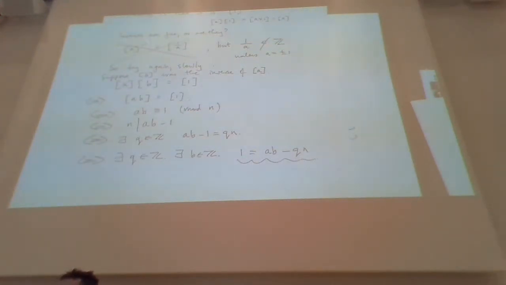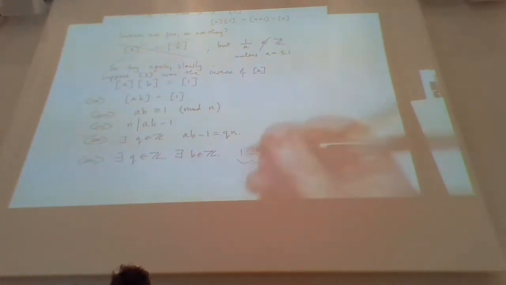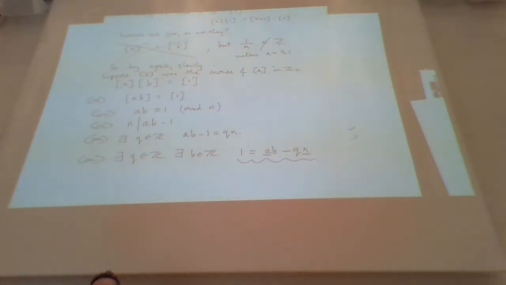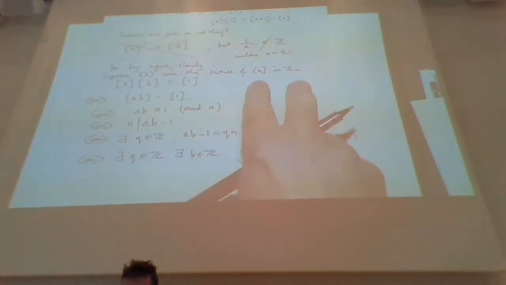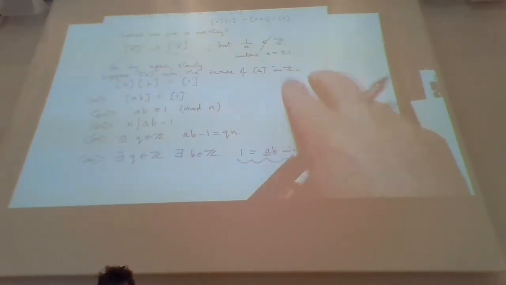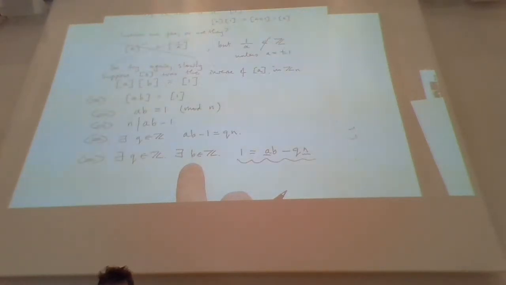Now, what's that? That's a linear combination of the A and the n that's equal to 1. The A and the n are the two objects of interest at the beginning. We're investigating when A might have an inverse. It has an inverse when there is a B such that we can form this linear combination for some q that gives us back 1.